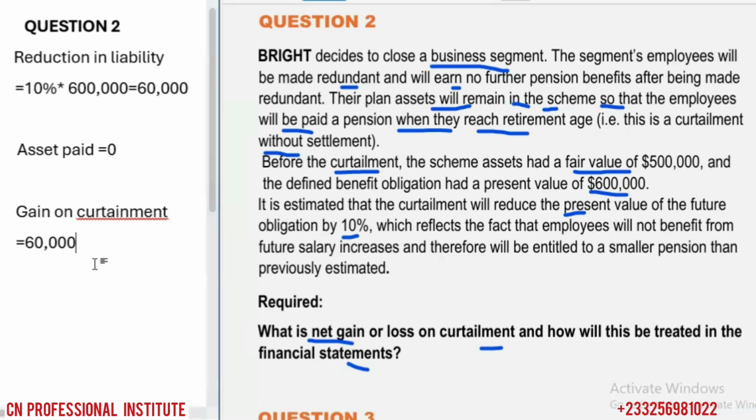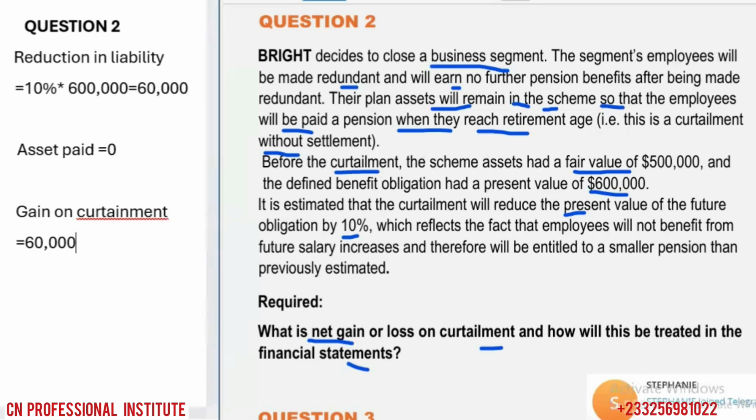How do you treat this gain? We said we have to take this gain to P&L to reduce the service cost. So the treatment will be that the gain of 60,000 will be used to reduce the service cost. If there's a service cost in the question, or other past service cost in the question, you have to go and deduct the 60,000 from the past service cost, because the past service cost is an expense.